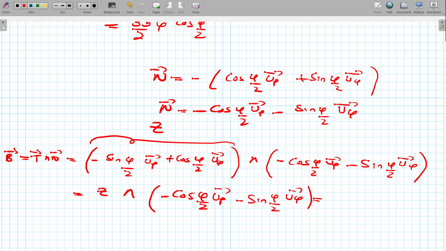Remember that the vector product is distributive with respect to a sum or a difference in this particular case. So what you're going to do here is take the vector product of the entire z and the first term, and the entire z and the second term. I'm going to call the first term y to simplify things, and the second term w, for example.